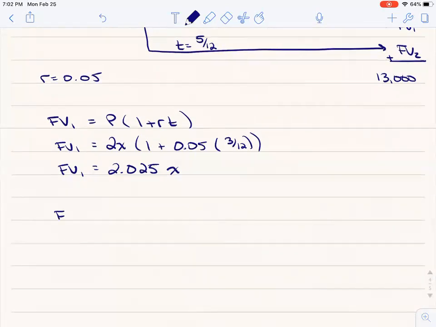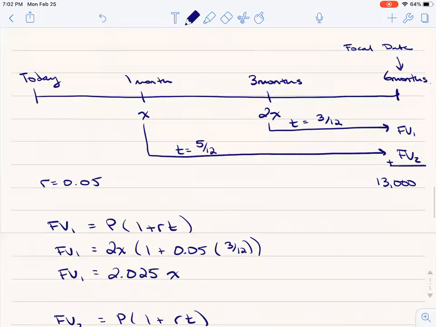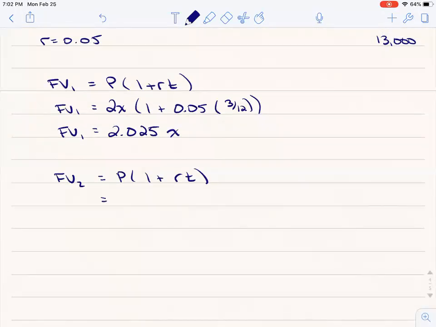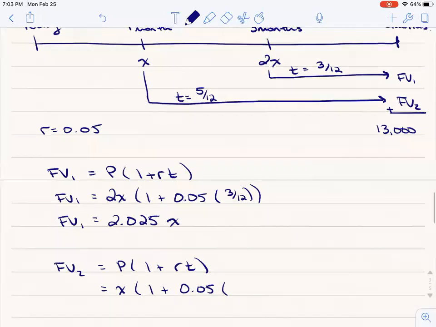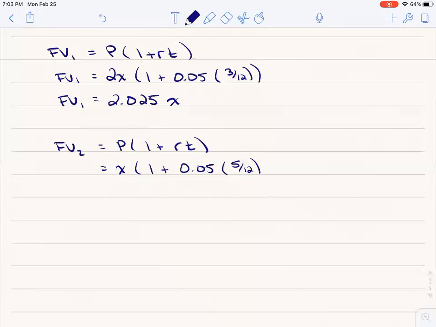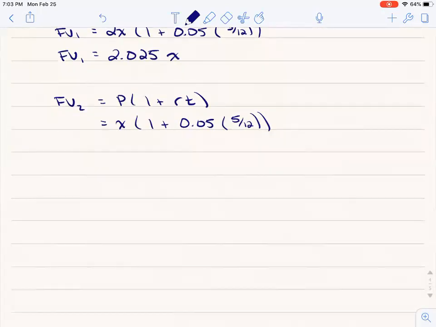Now future value 2 is P times 1 plus r times t. P in this case for future value 2 is just x. So we've got x times 1 plus r, which is 0.05, times t, which was 5/12. 5/12 times 0.05 plus 1 makes 1.020833 repeating times x.